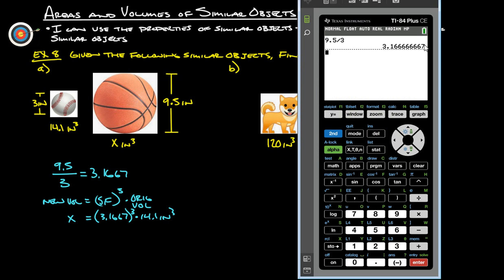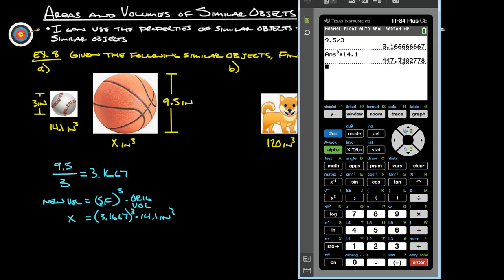Okay, so now all we got to do is just calculate that. We got the 3.1667 is still in there. So we're going to cube our answer, and then push the arrow over here to get back out of the power section, and then multiply by 14.1, and that should tell us what the volume of this basketball should be. 447.74.